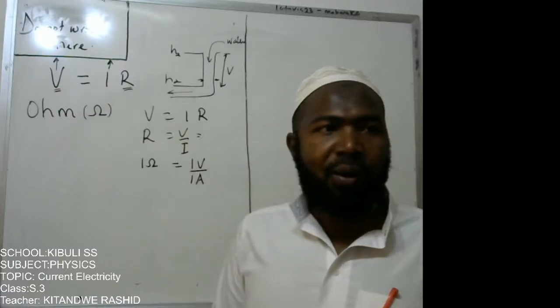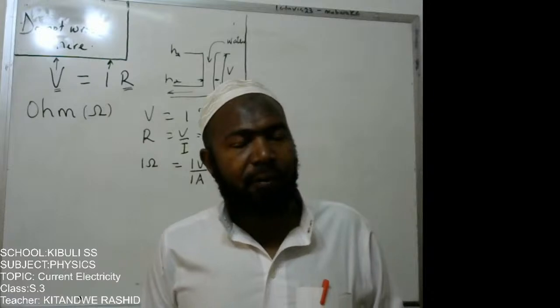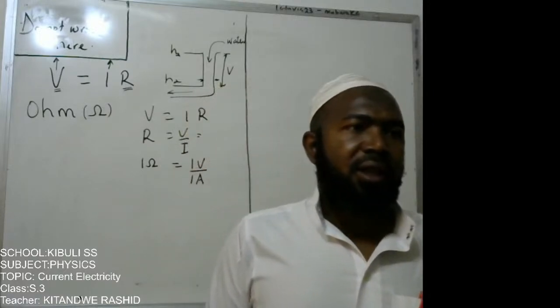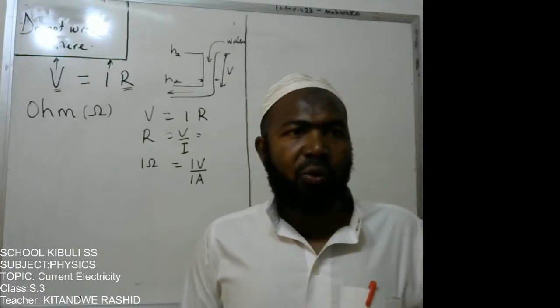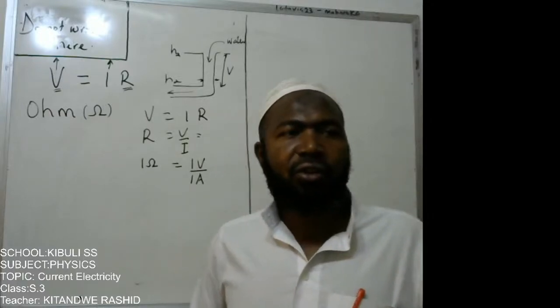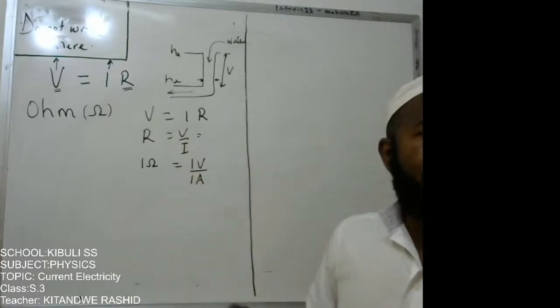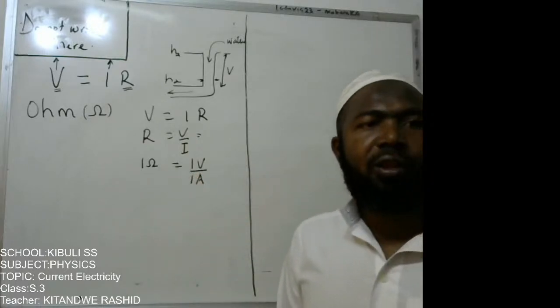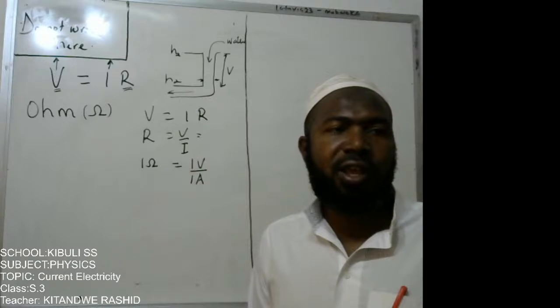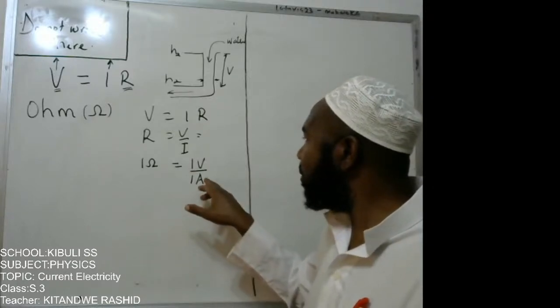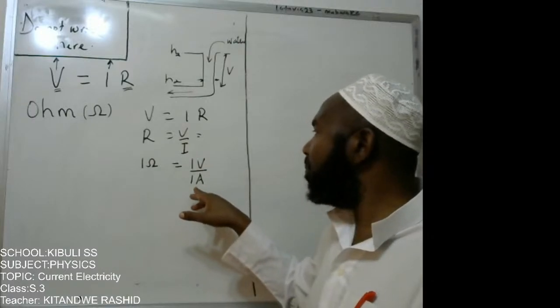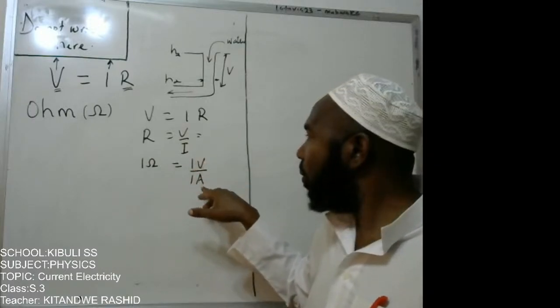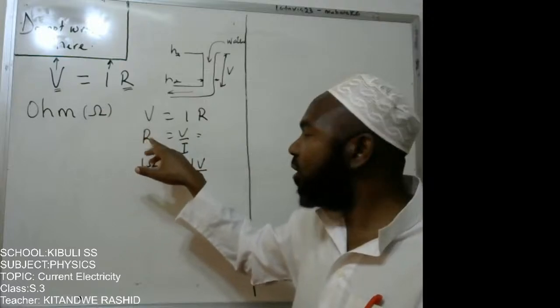Therefore, in our definition, we are going to say that an ohm is the resistance of a conductor which allows a current of 1 ampere to flow through it when the potential difference across the ends of the conductor is 1 volt. Current flowing of 1 ampere when the PD is 1 volt will correspond to a resistance of 1 ohm.